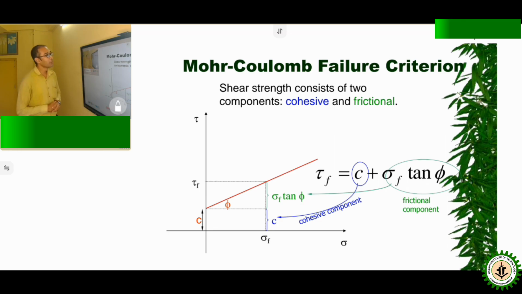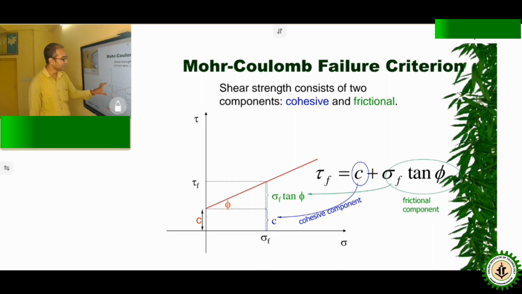So the Mohr-Coulomb criteria consist of two components, as I said, the cohesive and the frictional. The cohesive component is denoted by C and the frictional component is denoted by sigma f tan phi. Sigma f denotes the normal stress at failure time. Here tau means the shear strength along the y-axis, and sigma is on the x-axis.